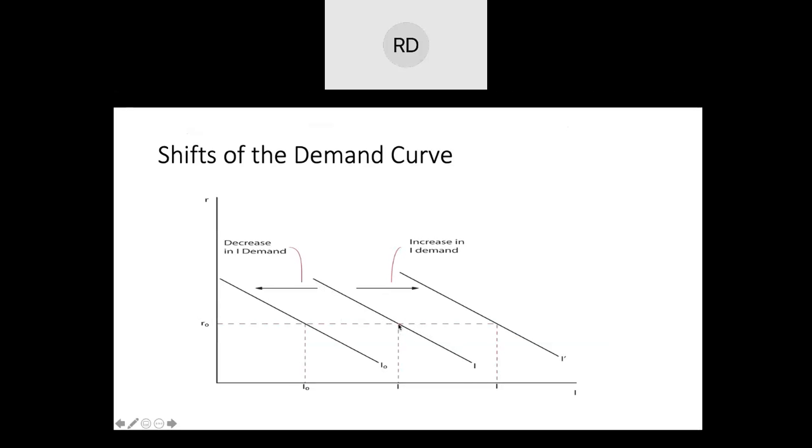The price is still $3, but since we have more people coming in town, there are more people who are willing to purchase our orange juice, so the demand goes up. And since it goes up, we have a shift of the demand curve to the right. The curve goes from this place to this place.